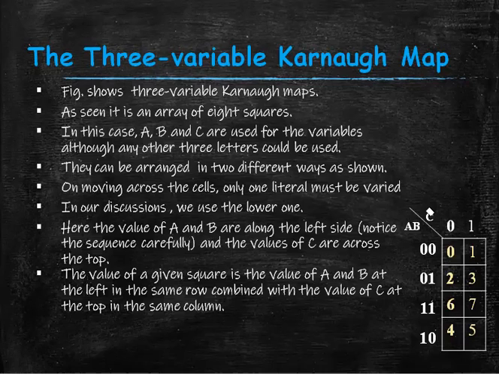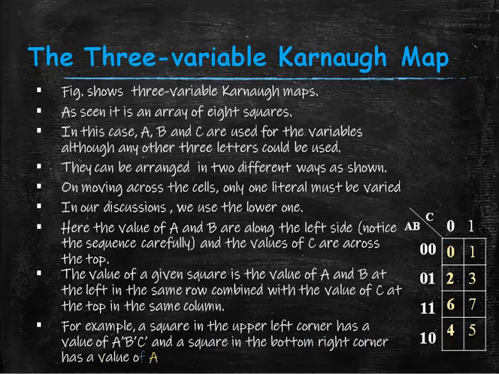And here 0, 1 means it is A bar, B. It is A bar, B bar. It is A bar, B. It is A, B. And it is A, B bar. And here it is C bar and it is C. Then this column, we can say that it is the position of A bar, B bar, C bar.